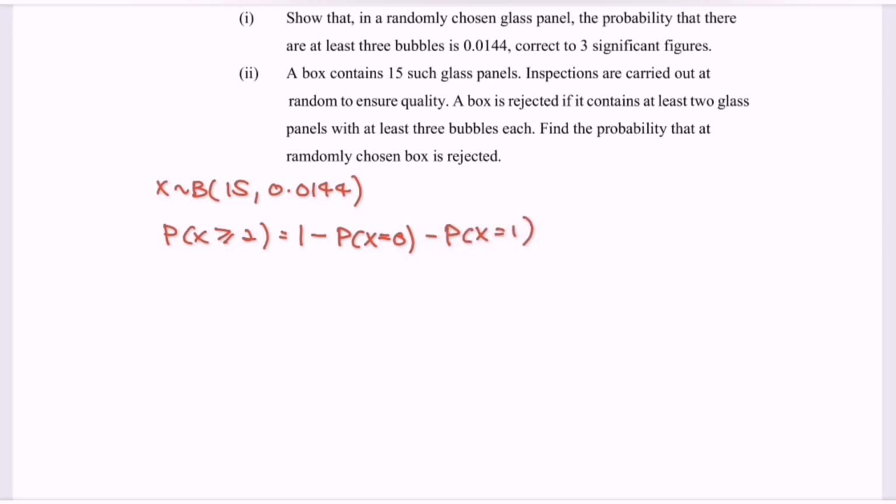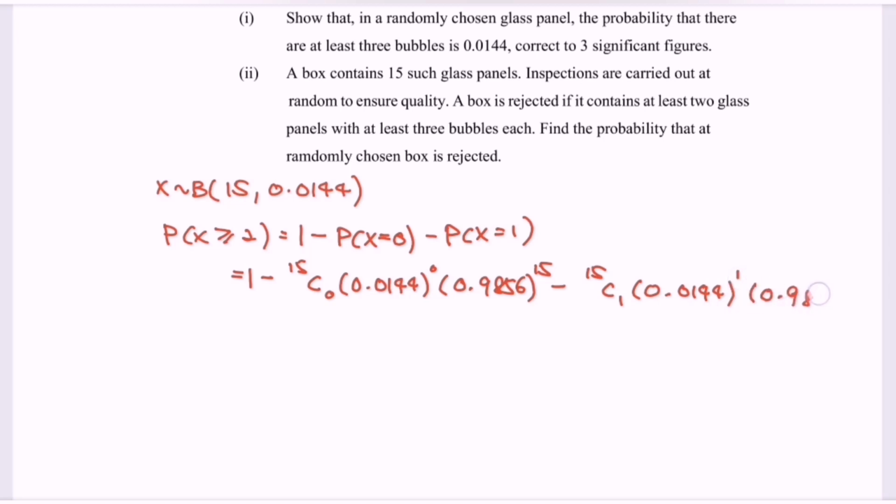Kindly substitute the situation. 1 minus 15C0, 0.0144 to the power of 0, and then we have the q, 0.9856 to the power of 15, minus 15C1, 0.0144 to the power of 1, 0.9856 to the power of 14.